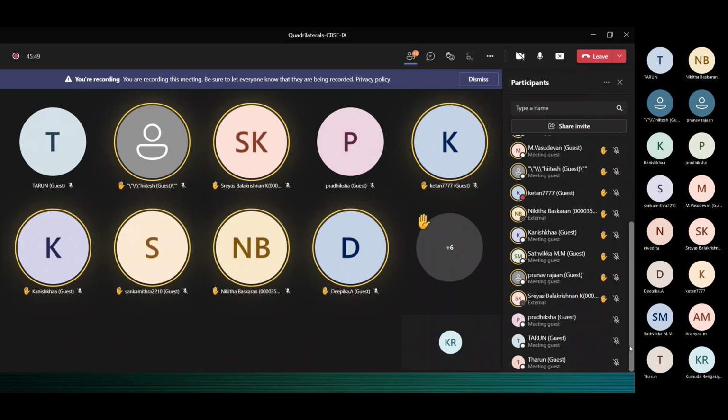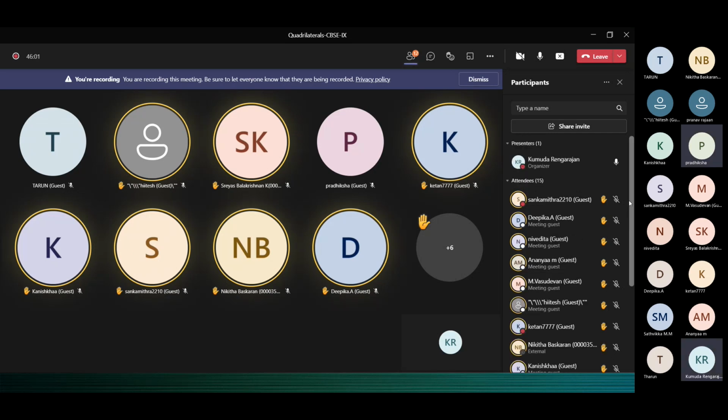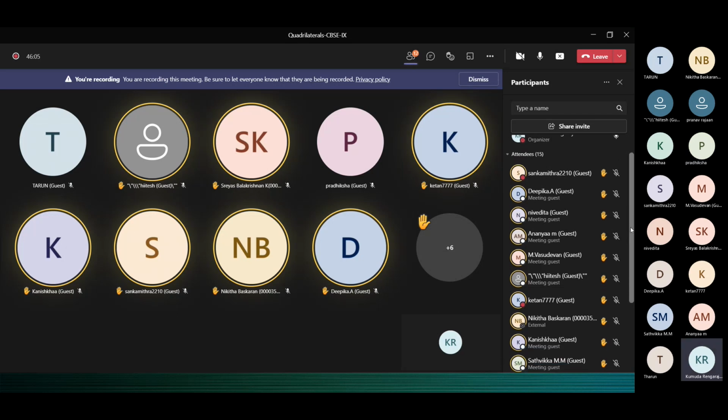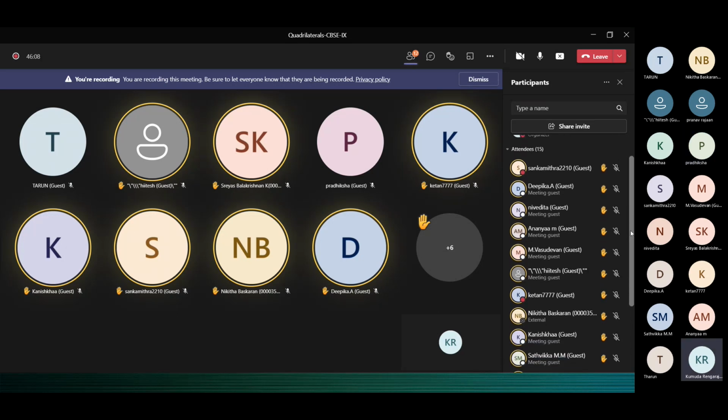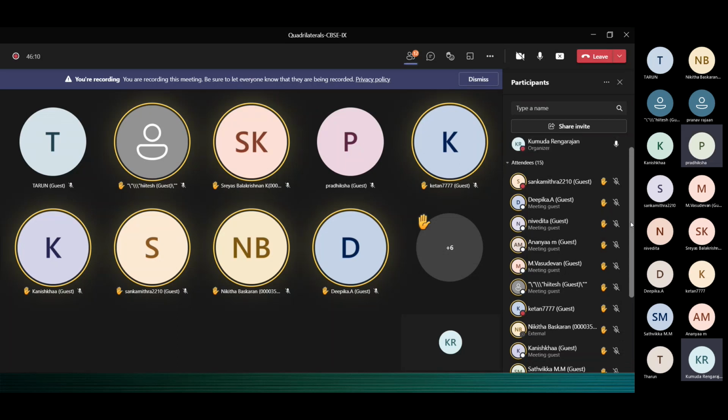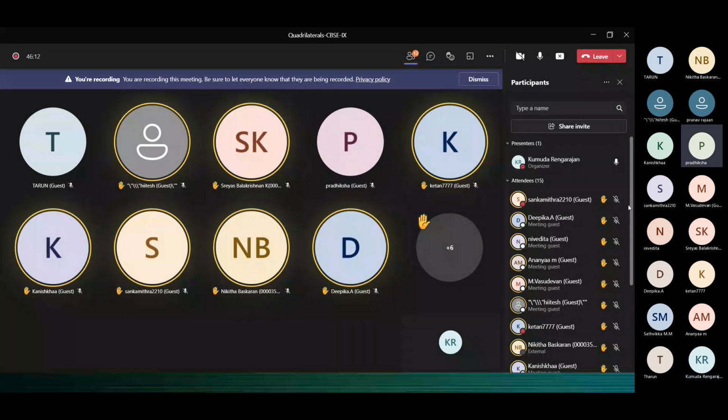Pratiksha, Ma'am, I'm unable to use the emoji. Excuse me, ma'am. Okay, Pratiksha, fine. Okay, so Sangamitra, Deepika, Nivedita. Yes, Ma'am, can you hear me? Yes, I can.